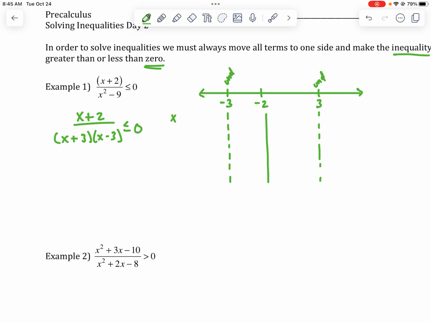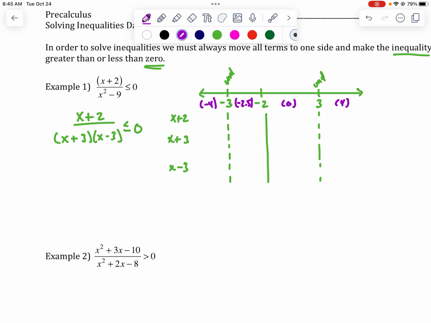And we put our factors over here, x plus 2, x plus 3, x minus 3. And then we start picking numbers, right? So pick a number less than negative 3, like negative 4. Pick something between negative 3 and negative 2, so maybe negative 2.5. Pick something between negative 2 and 3, like 0, and then something bigger than 3, like 4.